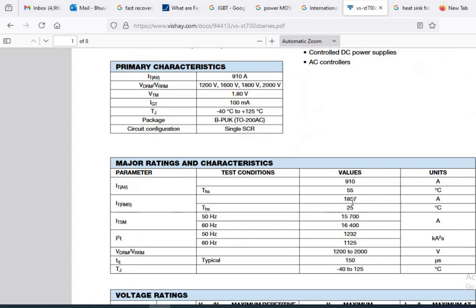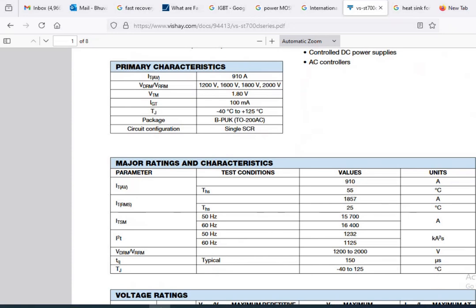That is about 1857 amperes under normal 25 degree centigrade operation. So you can see many of the things it is talking about, what is the frequency at which it can operate, and under such a condition, what could be the turn off time. So for turning off, it takes about 150 microsecond, it is shown.